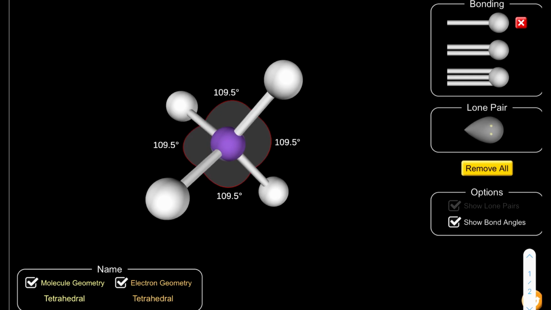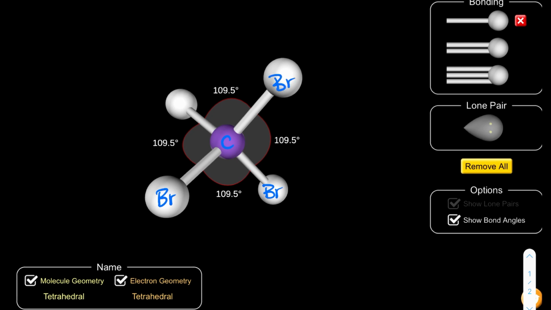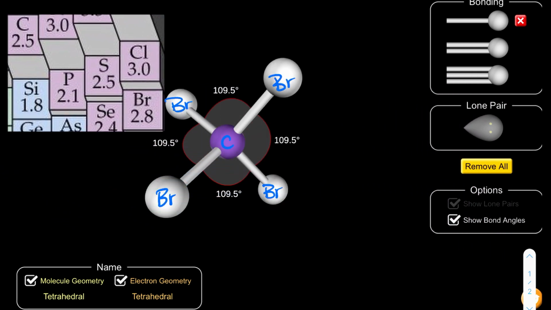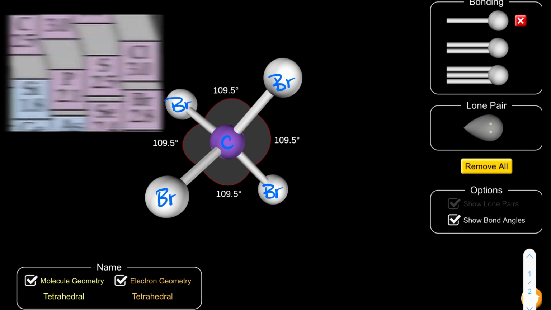So in order to figure out if this molecule is polar or non-polar, we can start off by looking at its electronegativity. Here, you can see that carbon has an electronegativity of 2.5, and bromine has an electronegativity of 2.8.